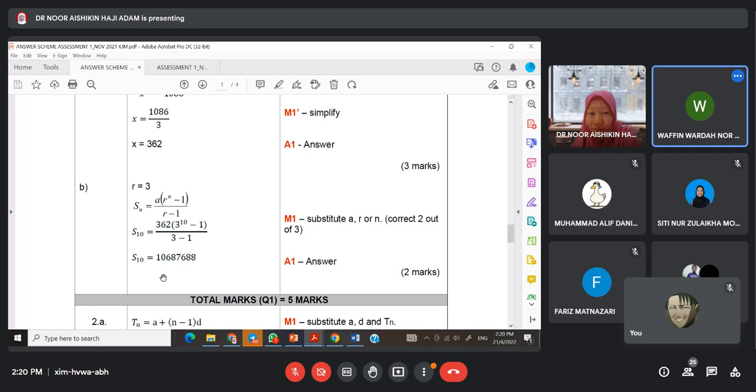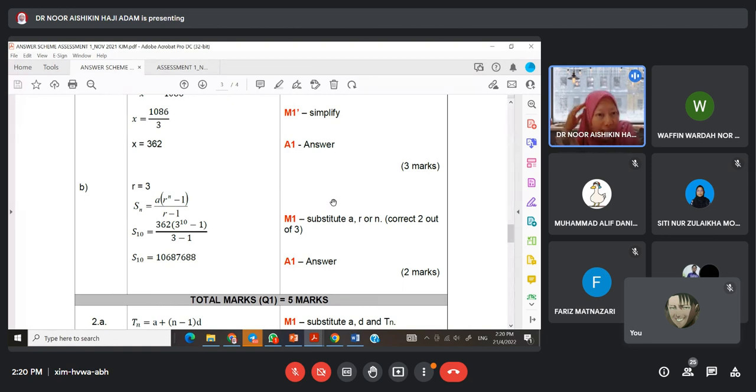Saya salah. Sepatutnya kan R tu, saya salah isi. Itulah. We use this version of the formula because R is greater than 1. Yeah? The other form is A times 1 minus R to the power of N over 1 minus R, kan?